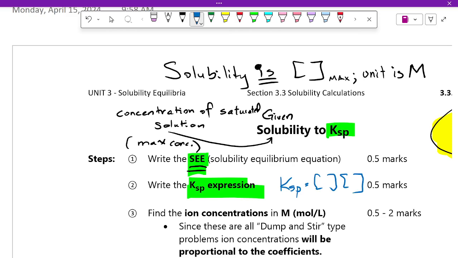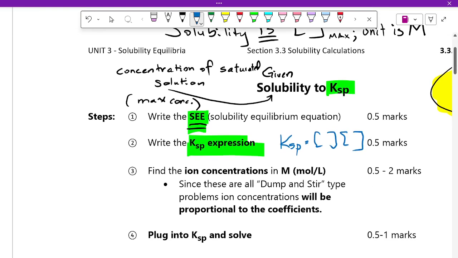You are going to need to find all the ion concentrations in molarity. Don't worry about what a dump and stir type of problem is. I'll go over that next week because we're only looking at one type of problem here.